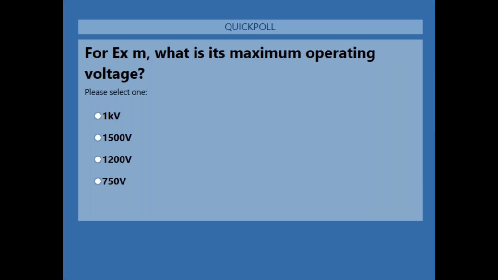So MA is zone zeros. Yeah. The most dangerous hazardous area type, where gas is there continuously or for long periods of time, or dusts.